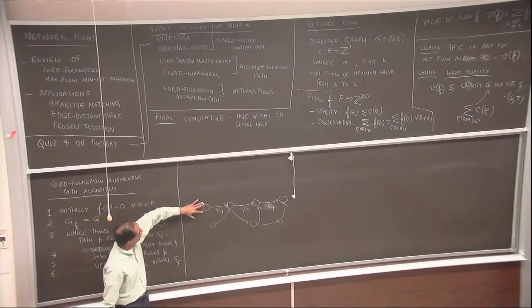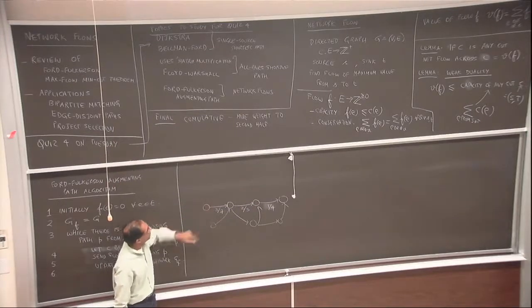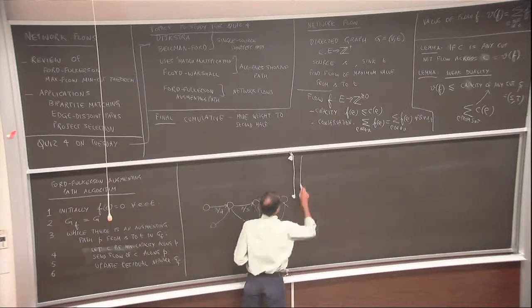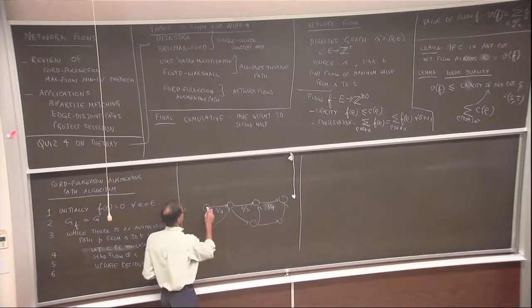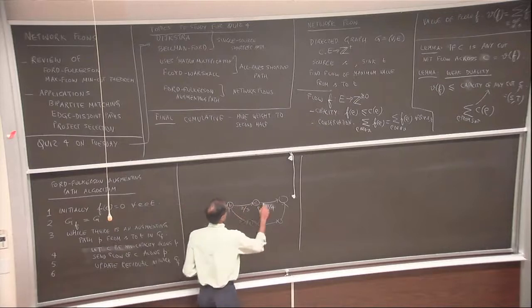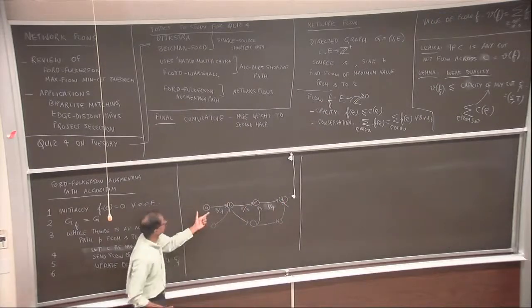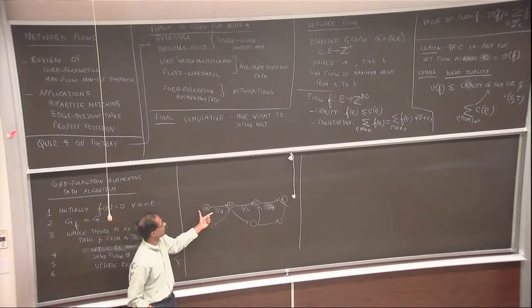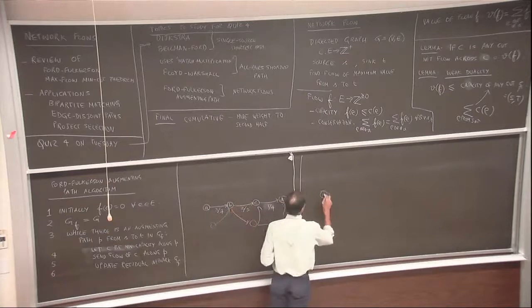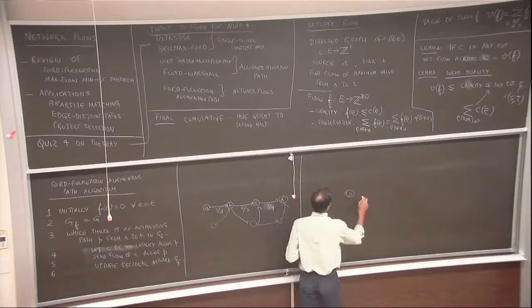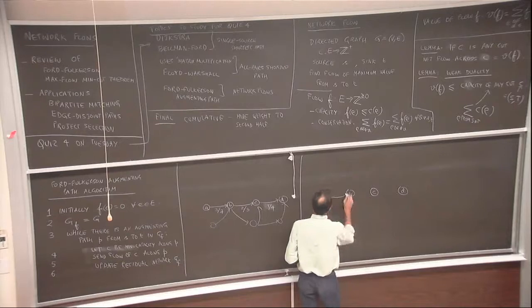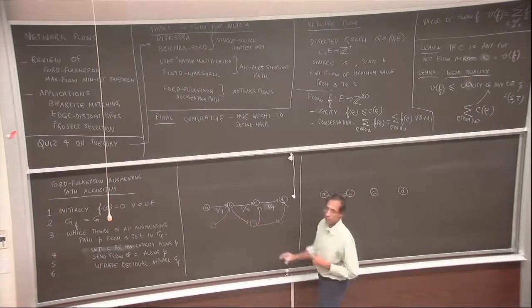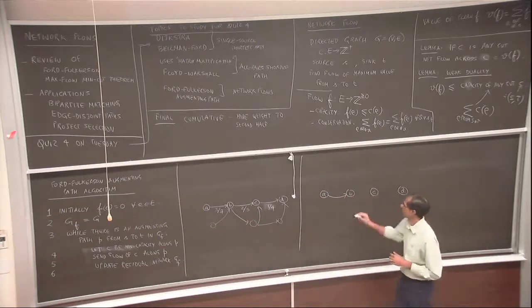So if this was the flow being sent on these edges, in the residual network, what would happen? You would have an edge, so let me give names to it, A, B, C, D. In the residual network, you will have an edge from A to B whose capacity would be 4.